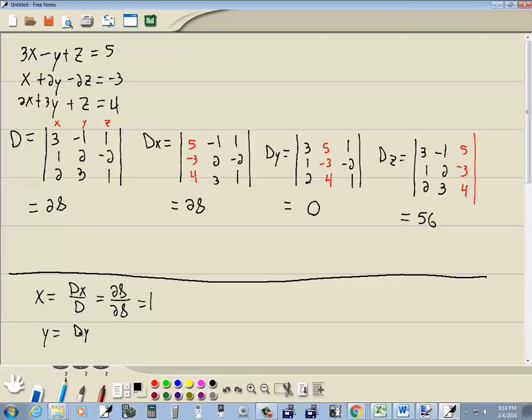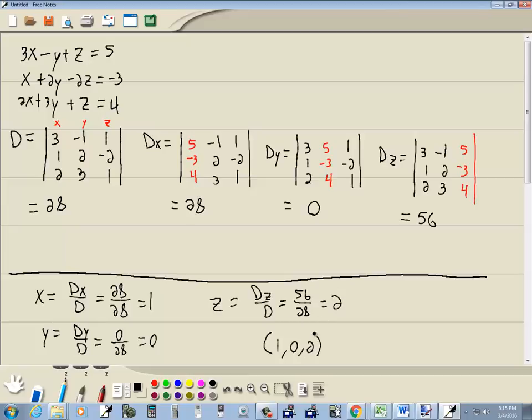Now y is d sub y over d. D sub y is 0 over d, which is 28, so we got 0. And z is equal to d sub z over d. D sub z is 56 over d, which is 28, and that gives us 2. So our answer will be 1, 0, 2.